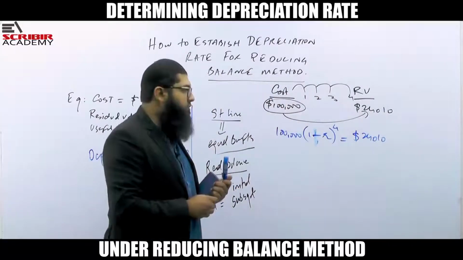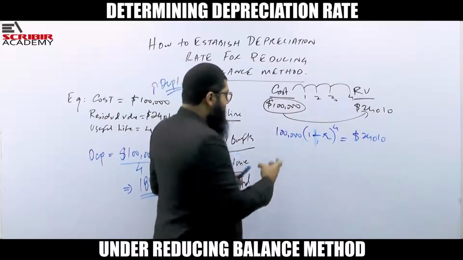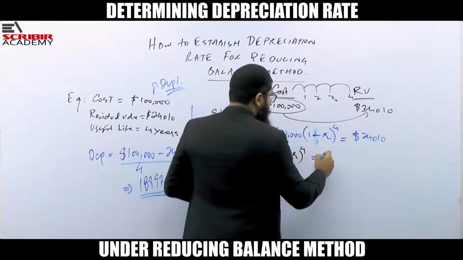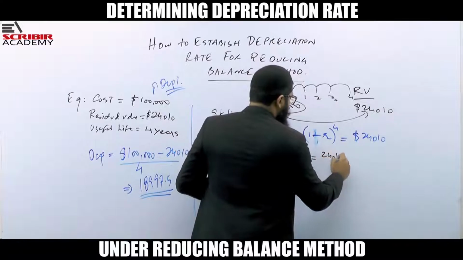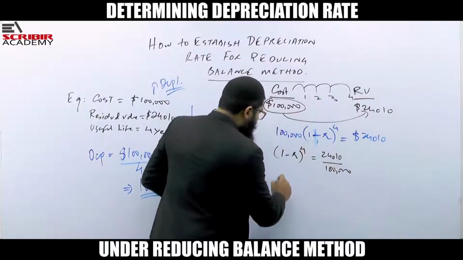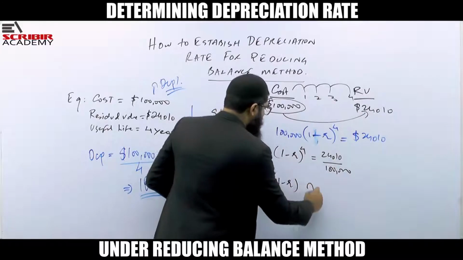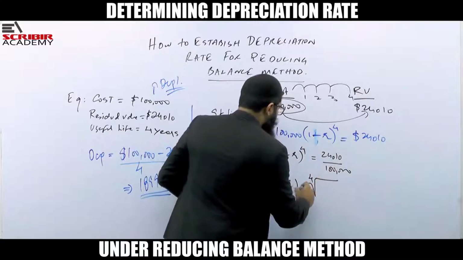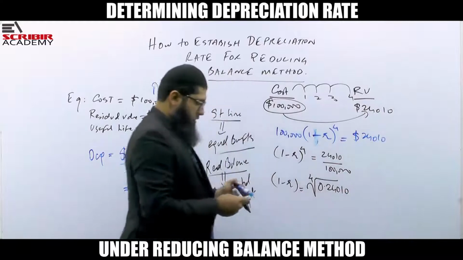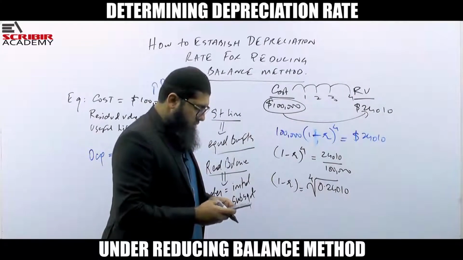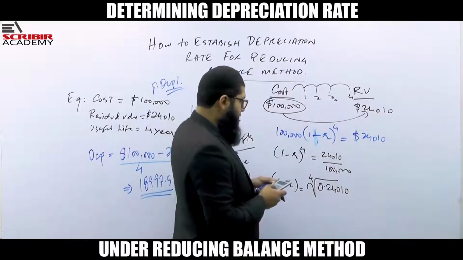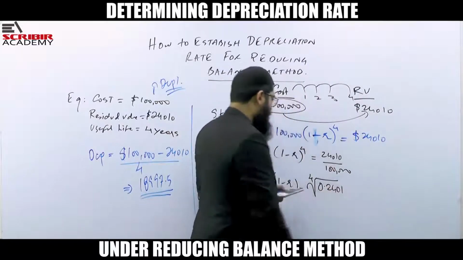And if you solve this equation, resultingly (1 minus r) power 4 is equivalent to 24,010 divided by 100,000. And then 1 minus r is equivalent to the fourth root of 0.2401, since 24,010 divided by 100,000 is 0.2401.